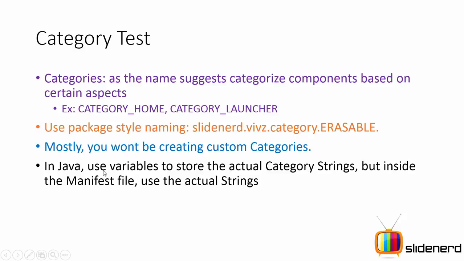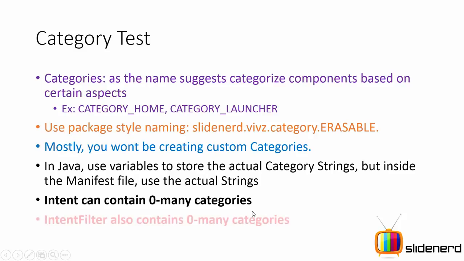In Java, you simply have variables that contain actual values, but inside the manifest, you're supposed to use the actual string, like slider.vivs.category.erasable. Now, an intent can contain zero to many categories because it's not compulsory that you specify a category inside every intent. At the same time, an intent filter contains zero to many categories.